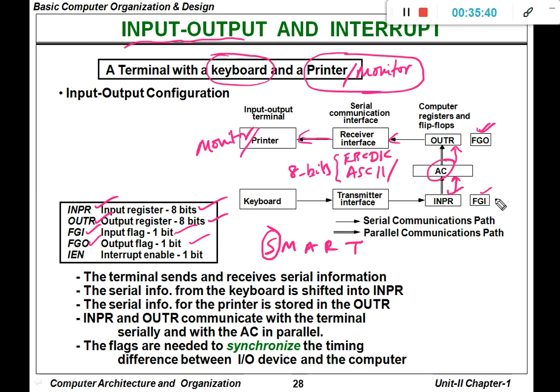Until this operation is carried out, the FGI, the input flag, must be set to a particular value, and it must be cleared once the S value has been stored successfully. Then only the next letter is permitted to enter into the accumulator register.